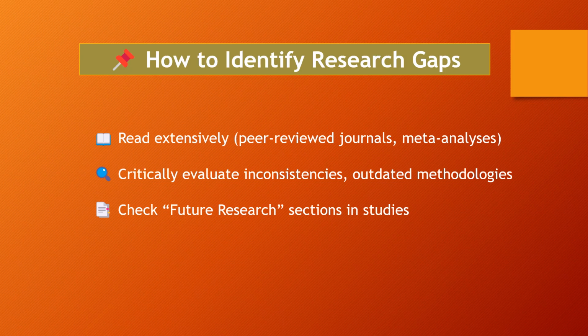When you go through it, you're going to see something like, I would advise other researchers to carry out a longitudinal study of this, or to try out the qualitative approach of it, and the rest, just to get a complete or comprehensive view of that particular research. So that is how you can identify a research gap.